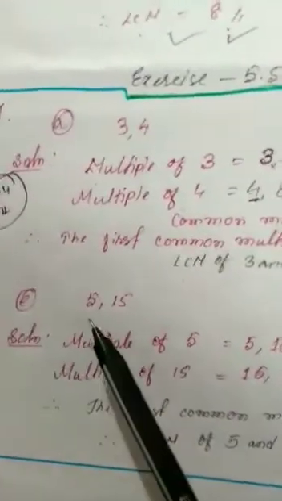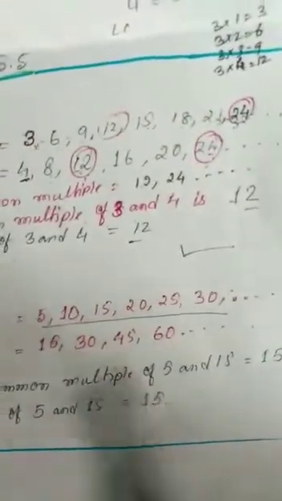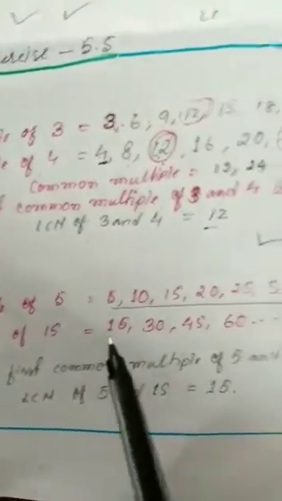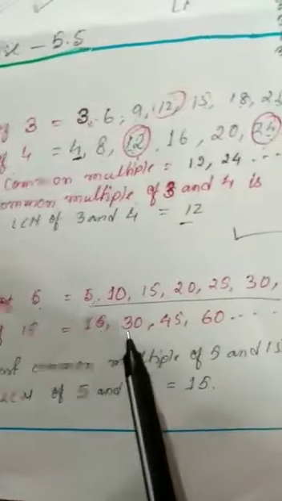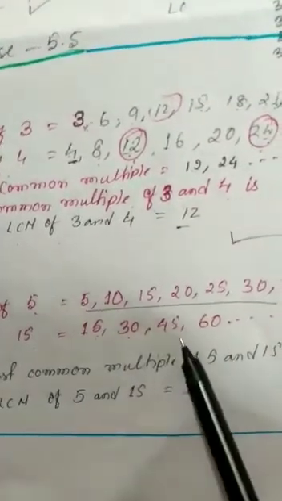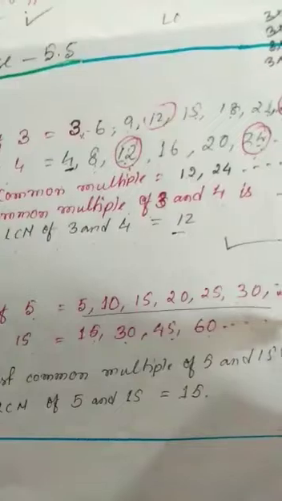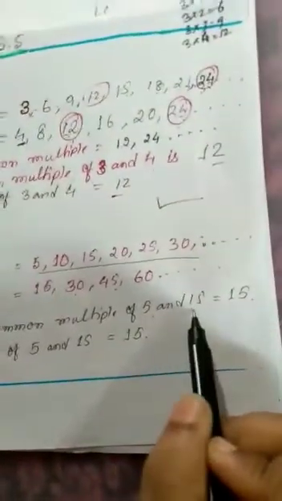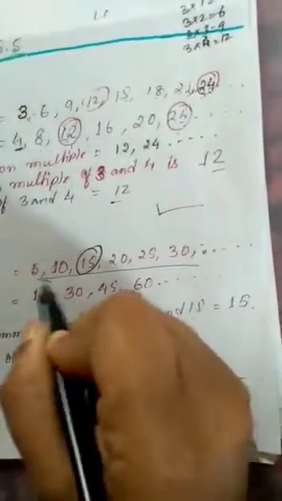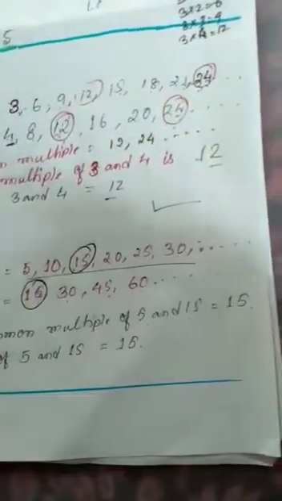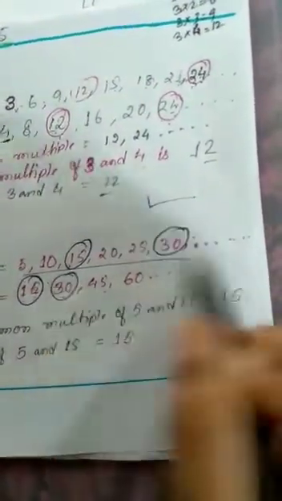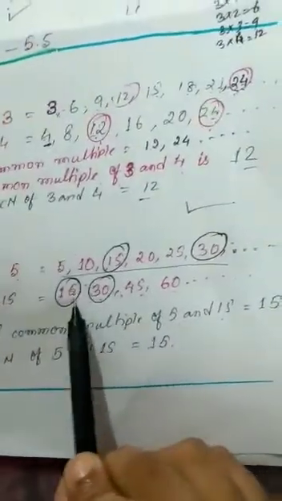The next numbers I have taken are 5 and 15. The multiples of 5 we have found here. Then we have to find the multiples of 15, so I have written 15, then 30, then 15 times 3 is 45. In the same way we can find many more. Now we look for the first common multiple of 5 and 15, and you can see 15 is in both cases, and it comes first. We can also find the rest, like 30, which is common, but we only have to look at the least one.